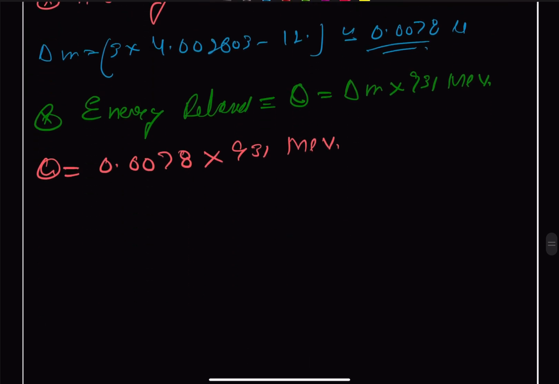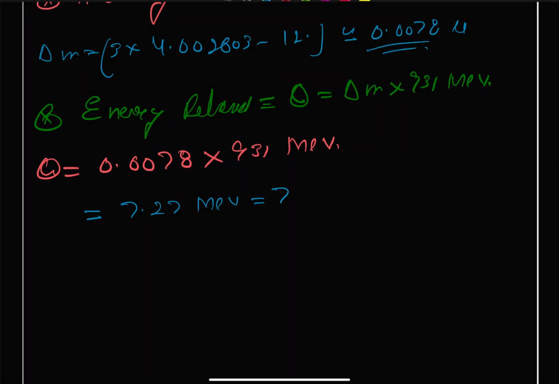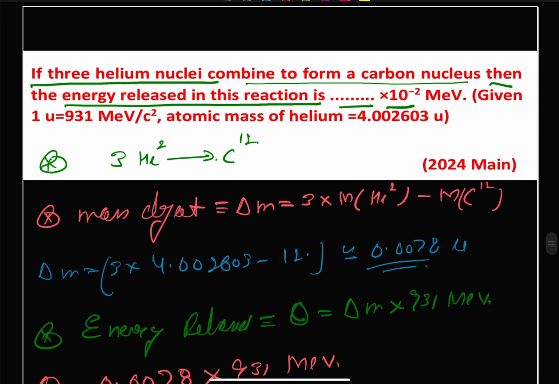Okay, so this will be coming as 7.27 mega electron volt, or we can write this as 727 into 10 to the power minus 2 mega electron volt. So this comes as 727. Next question.